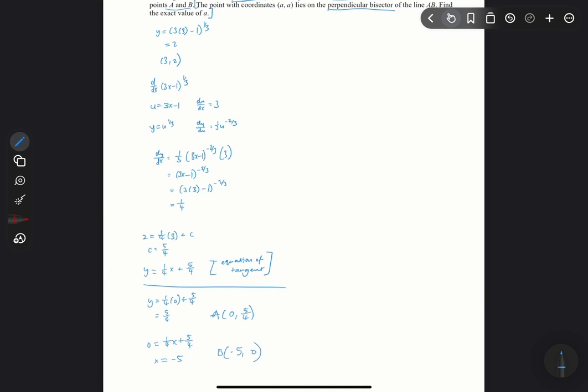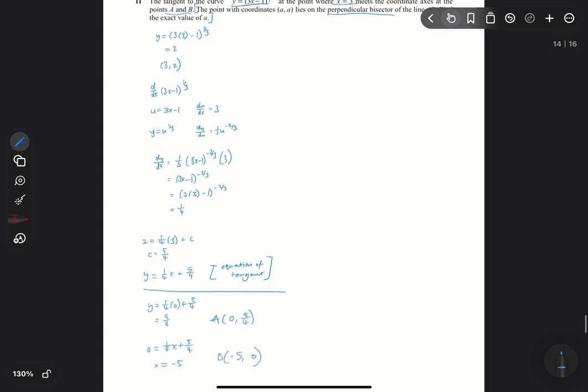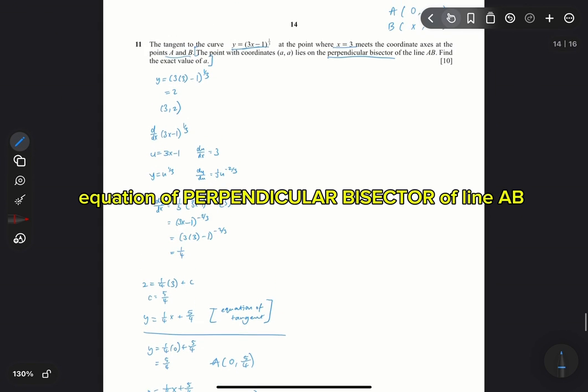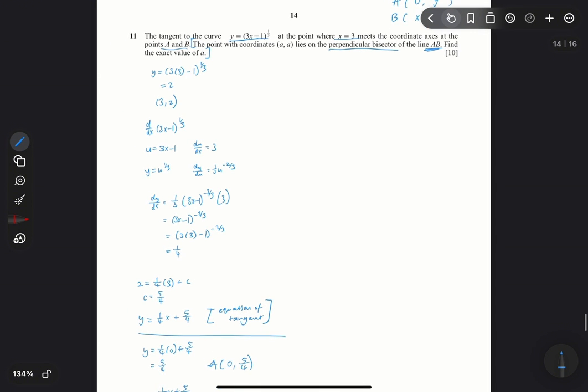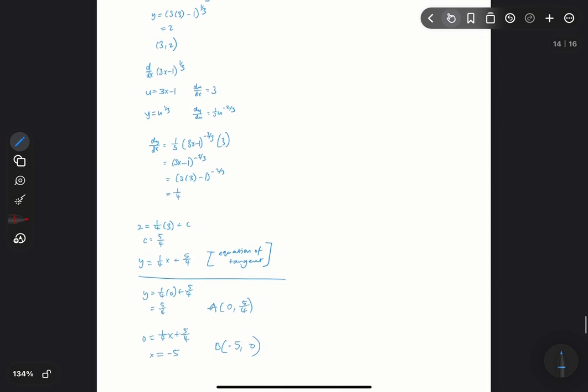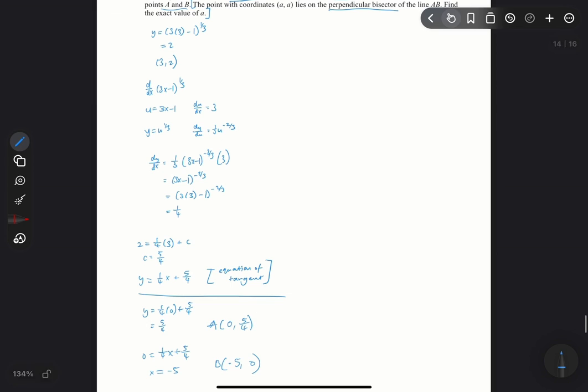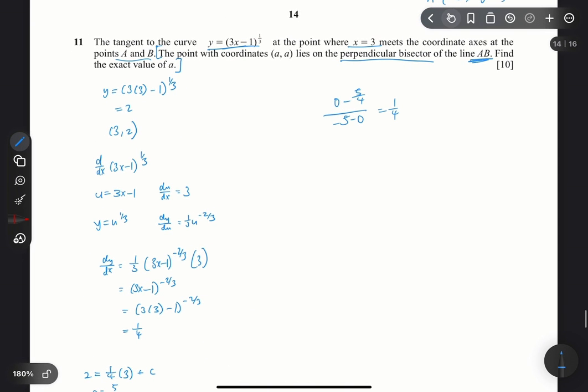You can find the equation of the line AB for the second part of the question. To do this, you can get the gradient first. And keep note that it's actually the perpendicular bisector of line AB. So the gradient would be -4.